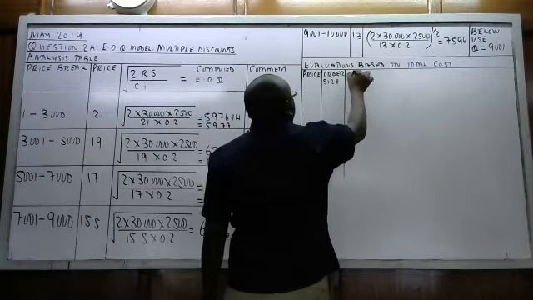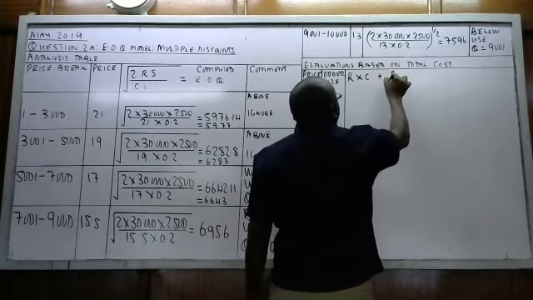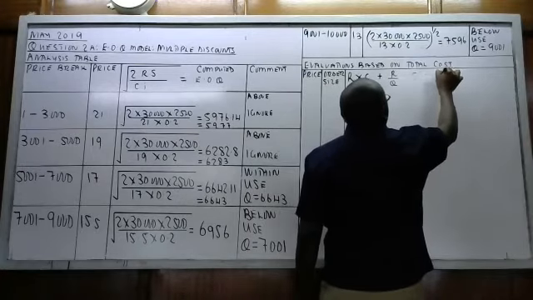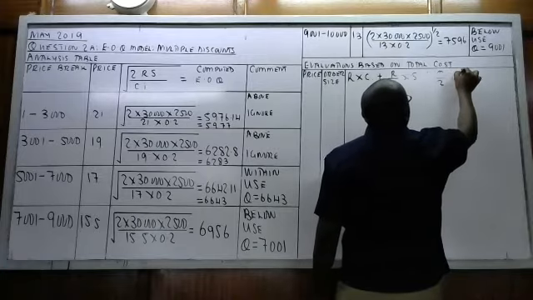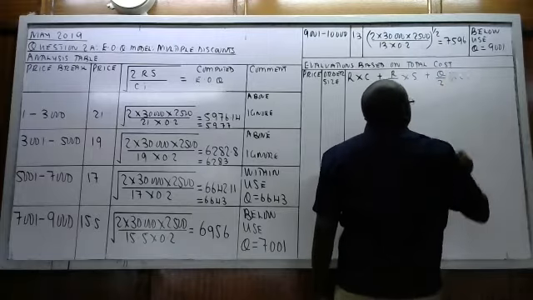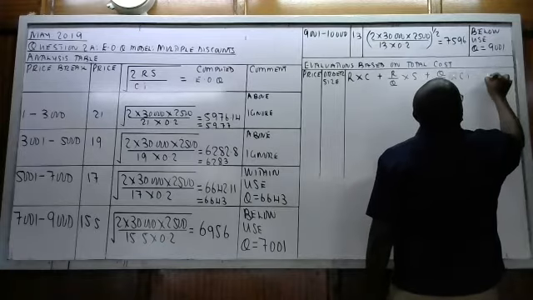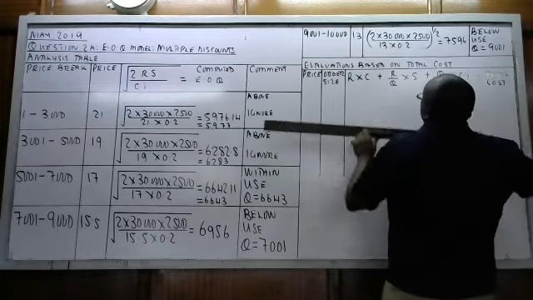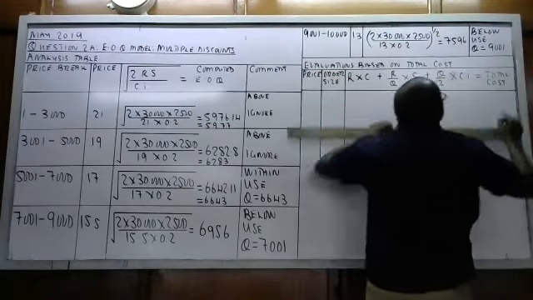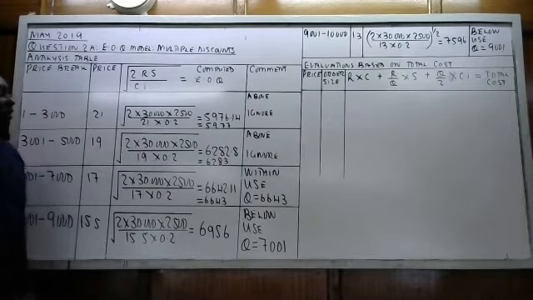Total cost is computed as R times C, that is the purchase cost, plus R divided by Q, multiplied by S, plus Q divided by 2, multiplied by CR. That will give you the total costs.